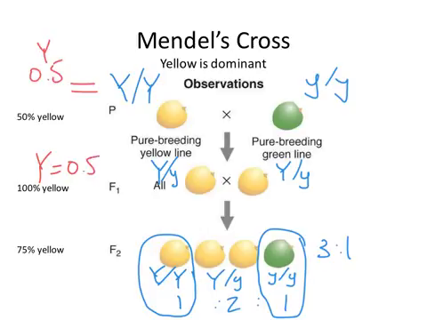What about the third generation, the F2? So we've got 2 heterozygotes, so that's 3, 4, I'm just tallying. 4 out of 8 alleles are big Y. So the frequency of big Y is still 0.5.